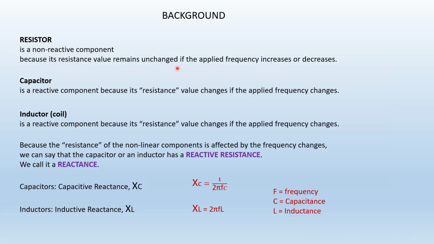If it's a 100 ohm resistor, whether you run DC through it, it will give you 100 ohms of resistance. If you run 100 hertz AC current through it, it will still give you 100 ohms. If you run 1 kilohertz, 10,000 hertz, 20,000 hertz, it will still give you 100 ohms. It will not change. So it's non-reactive, which means it does not react to changes of the frequencies applied to that component.